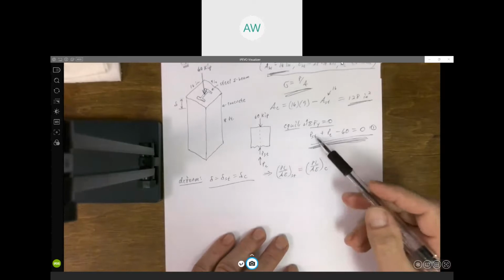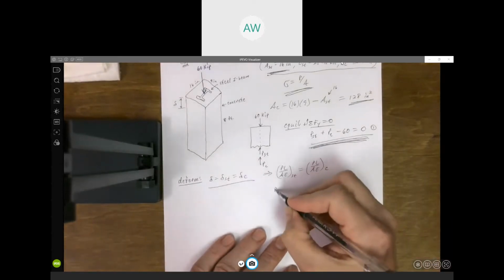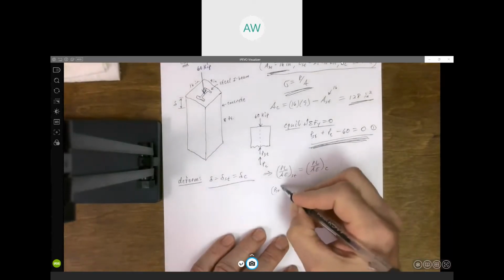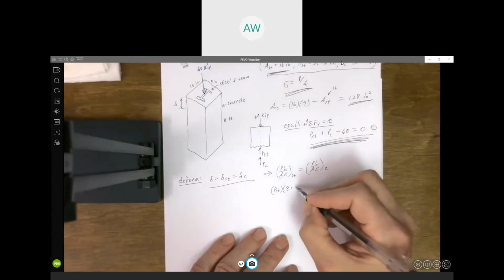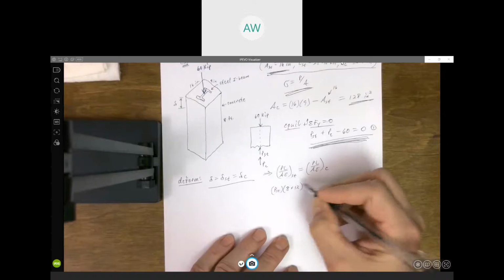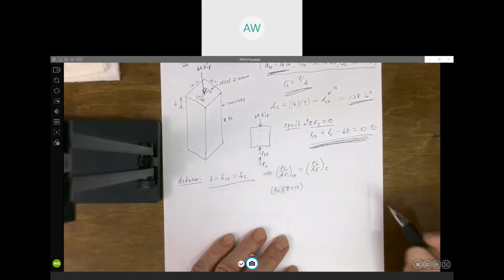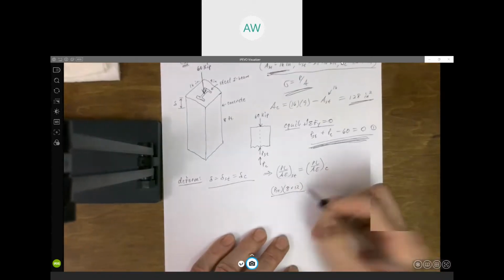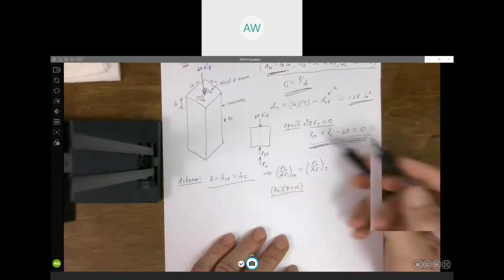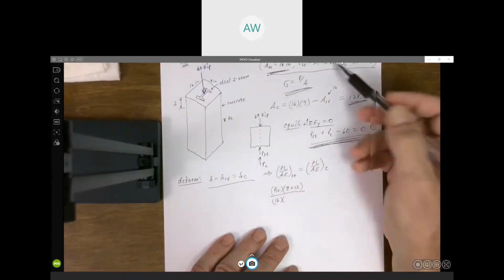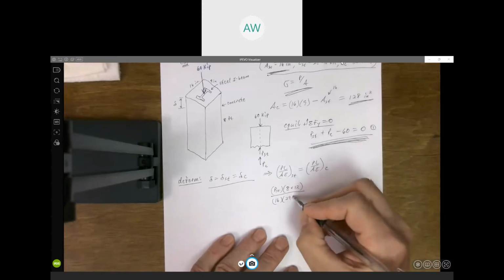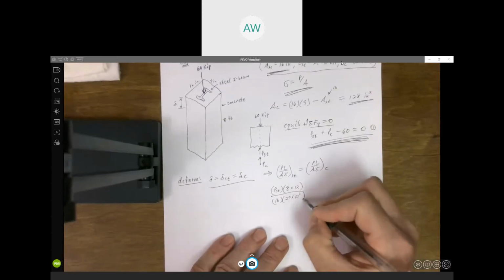And so I call this P steel. The length is 8 feet. If we were actually computing this, we'd need to multiply that by 12 to get inches. The area of the steel was given as 16, and E was 29 times 10 to the third.